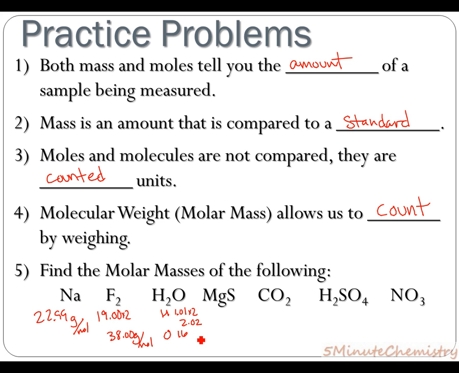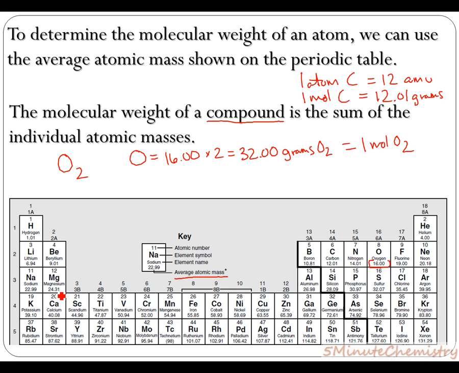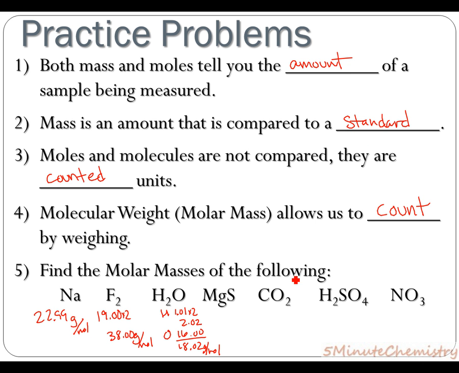H2O, hydrogen, if you look on the table, is 1.01 times 2 is 2.02. Oxygen is 16.00. Combine those and you get 18.02 grams per mole. Now, MgS, magnesium, you see is 24.31 and sulfur 32.07.